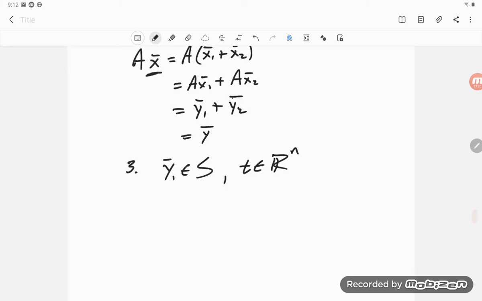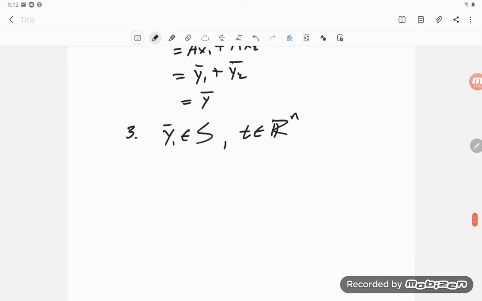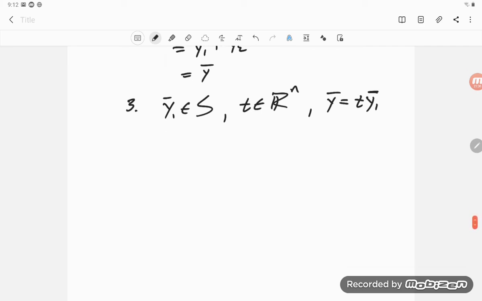So if y1 is an element of S and t is some element of Rn, I'm going to need to look at y equal t times y1. And I want to see, is that in S? Can I show that that's in S?